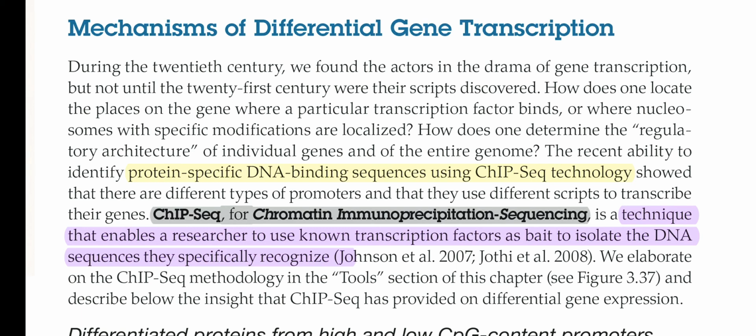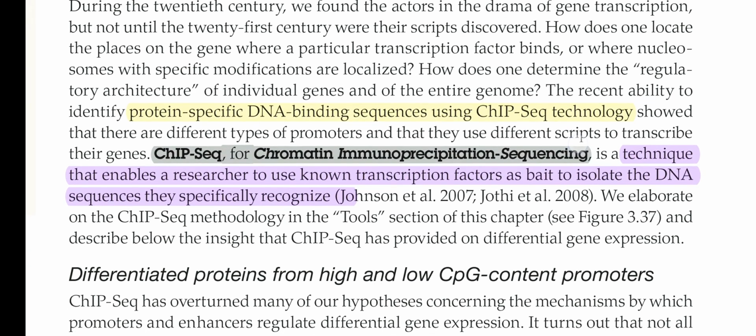So by using this sequence, we can artificially create those proteins which are complementary, which can simply identify the particular set of genes for which they have affinity, and by this method we can easily obtain our desired gene.